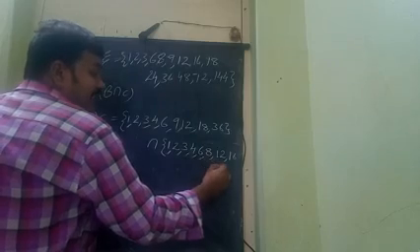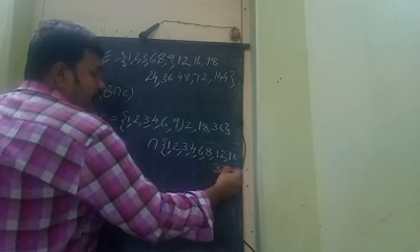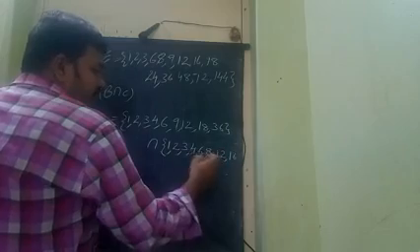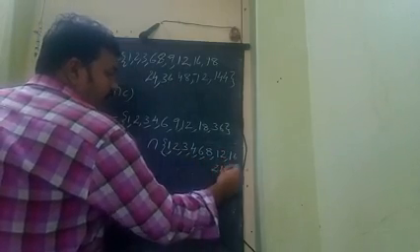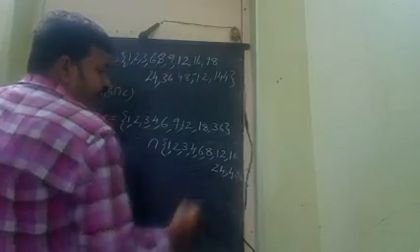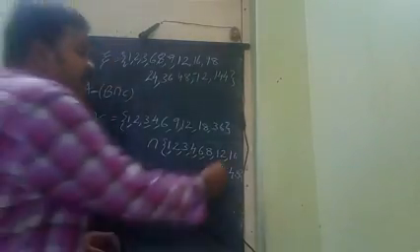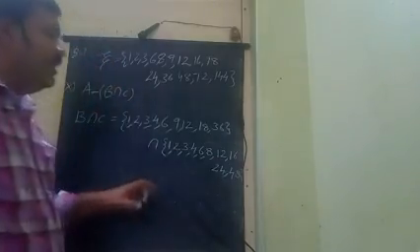Next one is 24, comma 48. So these are the factors of 48.